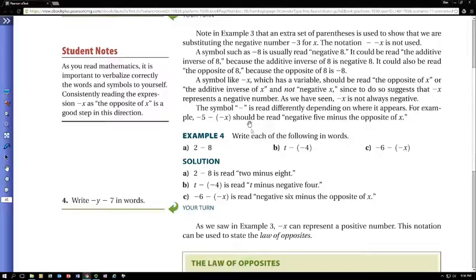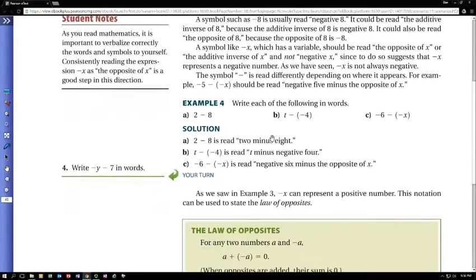And so they're going to do some things like this, and usually in class I'll write up something like 5 minus a negative 3, and I'll ask what's the answer to that. And if you know how to convert subtractions into addition, you end up with 5 plus 3 is equal to 8.